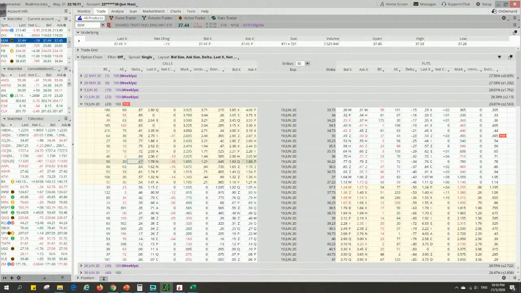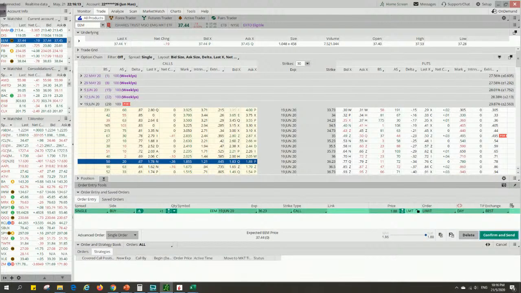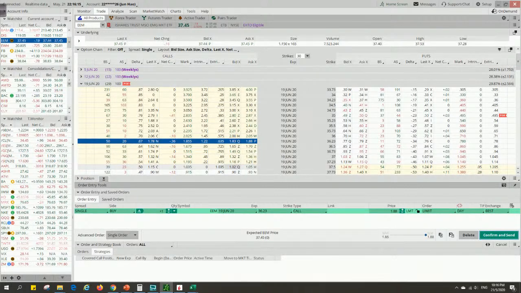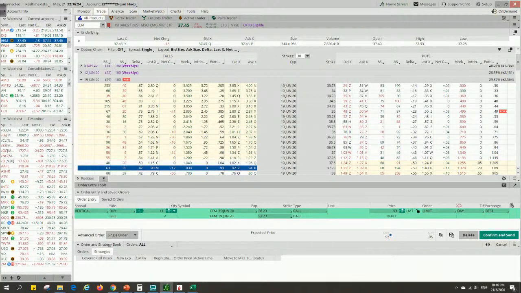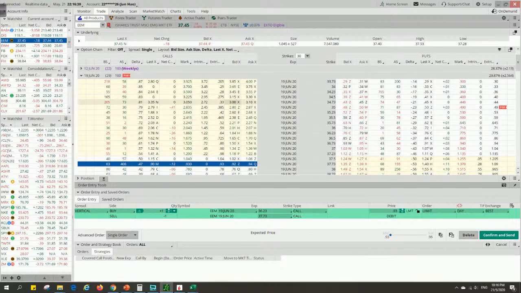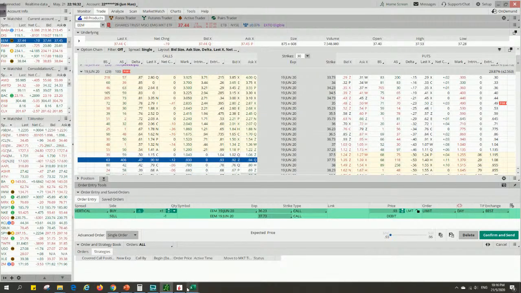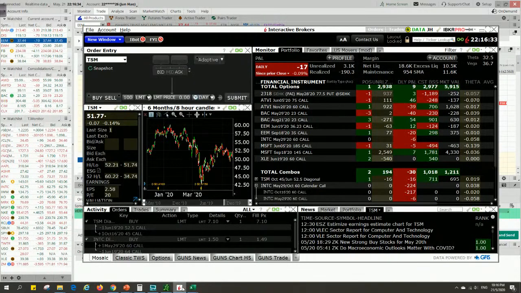If I buy to cover and sell to open, that will cost me an additional 93 cents, which is $93 per 100 shares. And I'm trading just one contract.